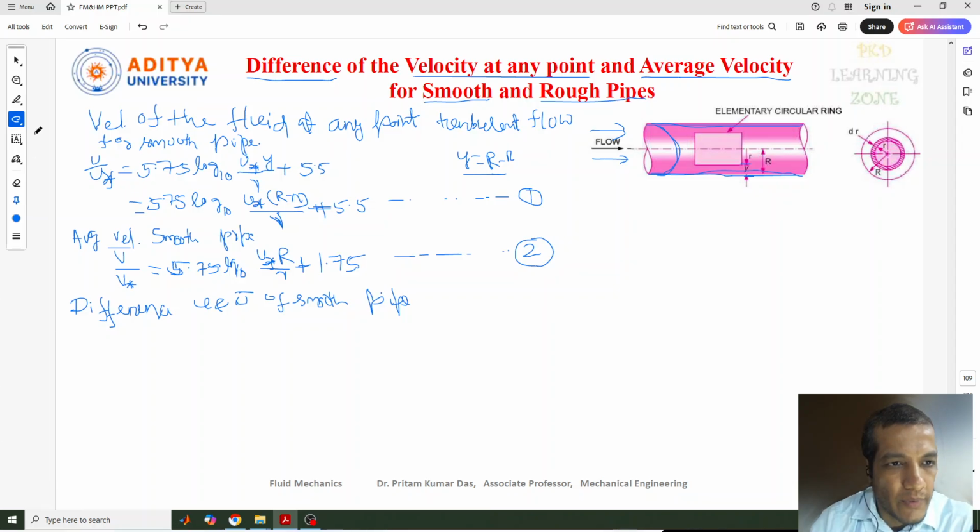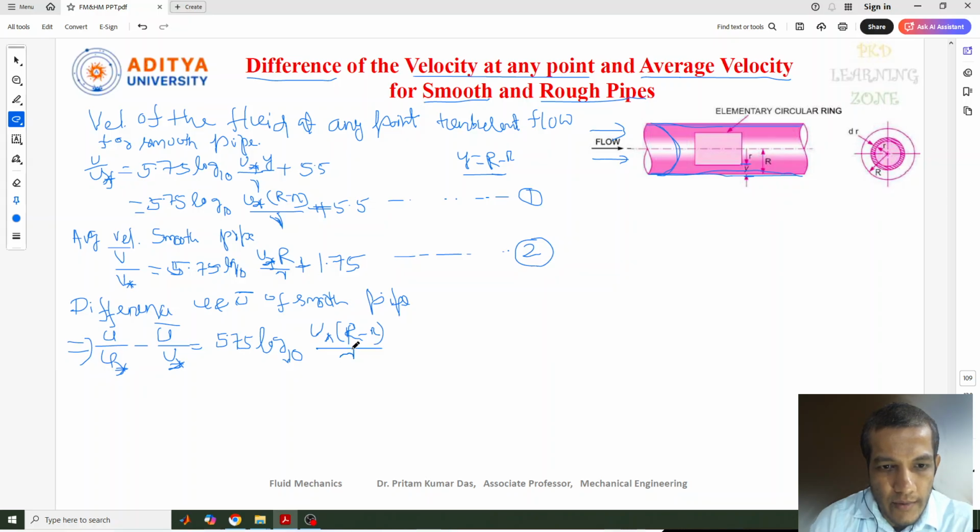Simple: we'll just copy and paste the equations. u by u star minus u bar by u star, equal to this value: 5.75 log 10 of u star (capital R minus small r) divided by nu, plus 5.5.